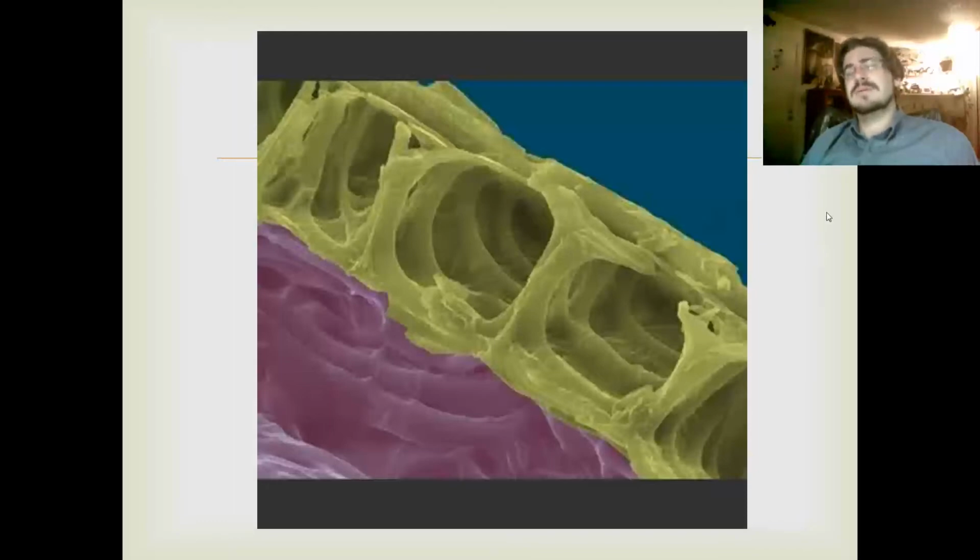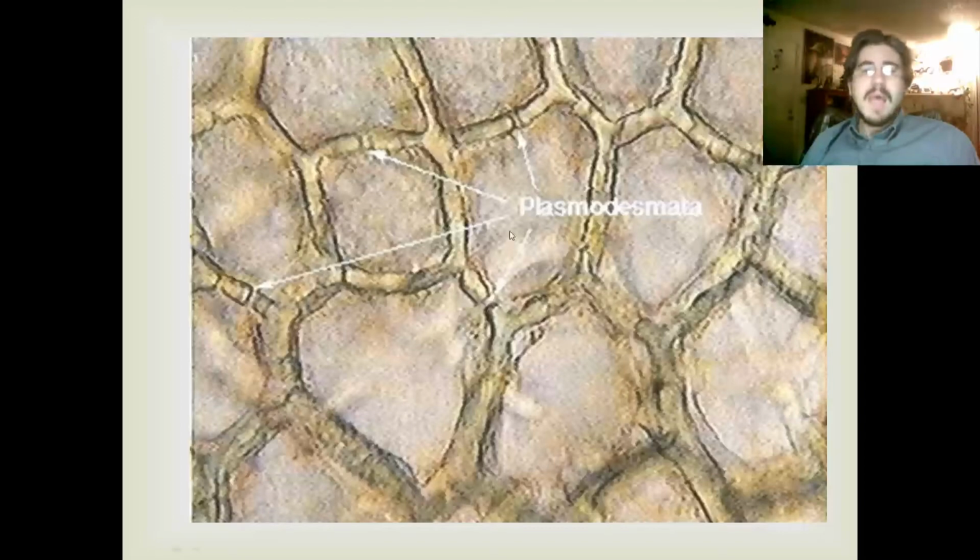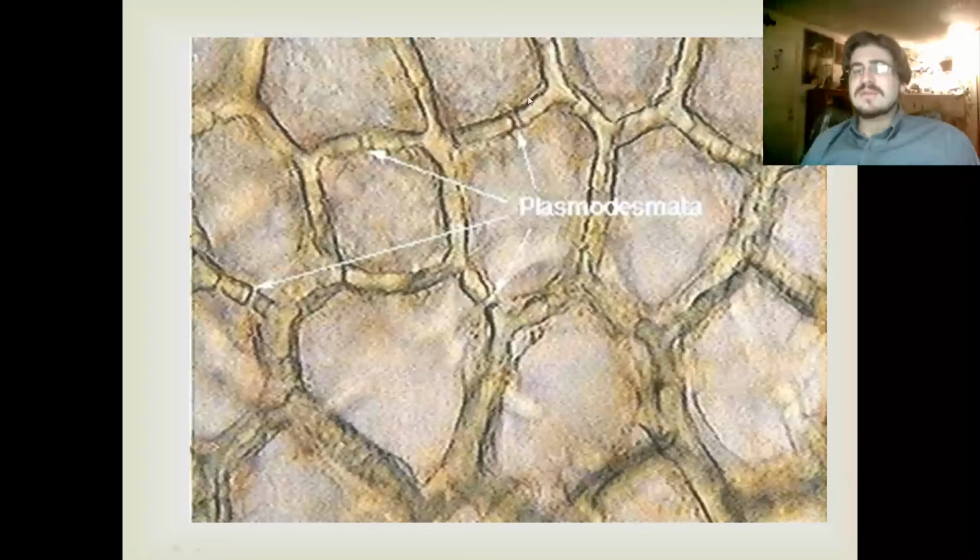But armor's too expensive. Anyway, what's neat about plant cell walls when we look at it under a microscope like this is that they do such a great job of providing armor, of isolating the cells, that you actually have to have canals between plant cells in order for them to be able to transfer nutrients and chemicals between one another. Because there's no blood system to supply local cells with blood supply.